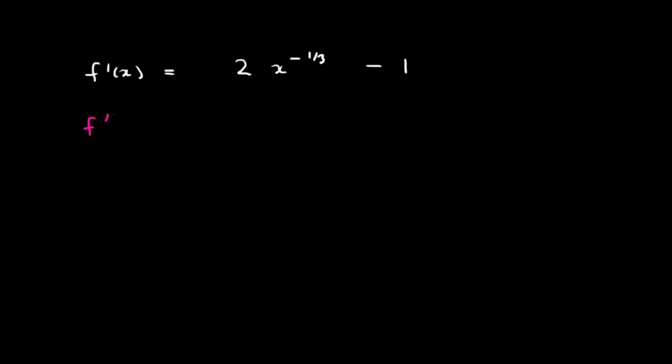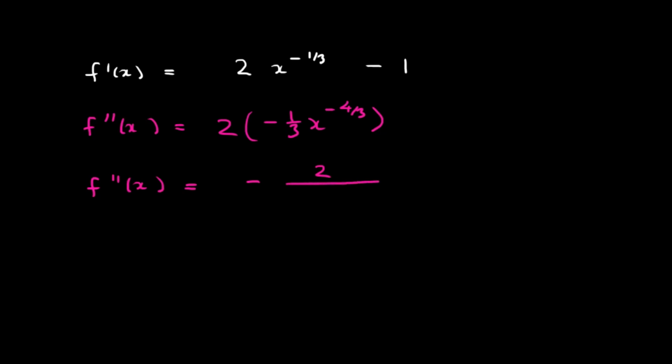Now our second derivative is going to be, sidestep that 2, and then the negative 1/3 comes down. Subtract 1 from negative 1/3, you will get negative 4/3, and then afterwards, when we differentiate that constant minus 1, it is gone. So similar to our first derivative work, I think we'd be wise to write this as a radical. So I have a minus 2 on the top, and that 3 is obviously on the bottom.